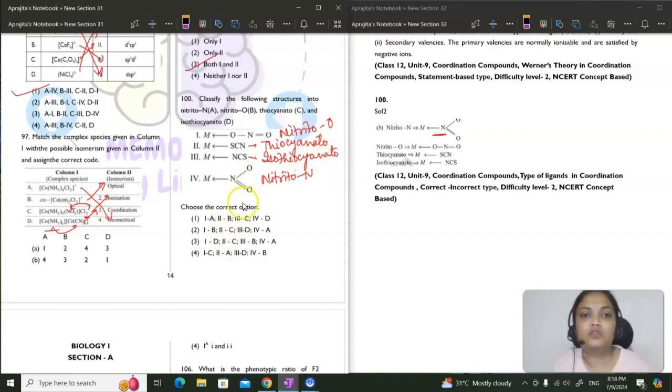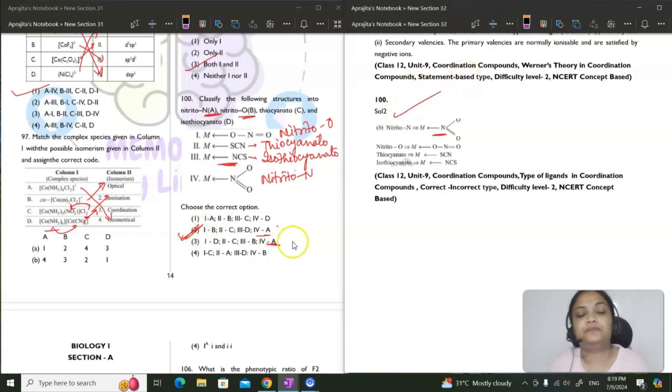So A is nitrito N, so 4 for A. Then for the first, let's see, nitrito O is B. So option 2 is going to be the right answer.